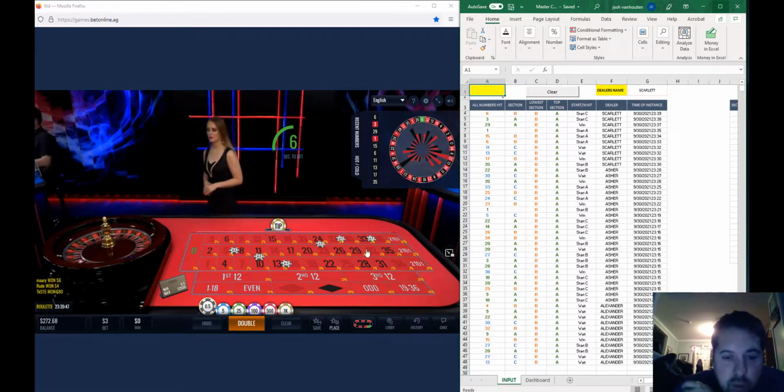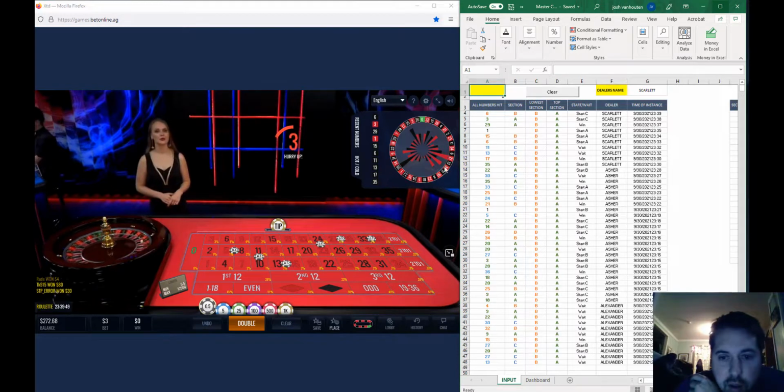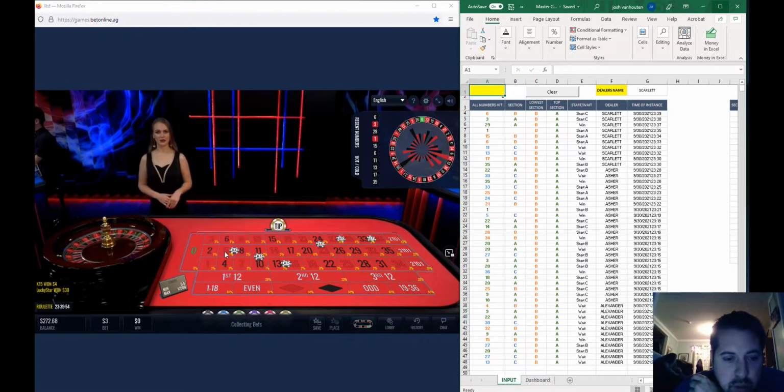As you can see, the number 27 is pretty popular. I always have this pulled up because it shows you the percentages, so you can get a good idea of what sections are the most popular, how things are going, and what numbers will probably hit.